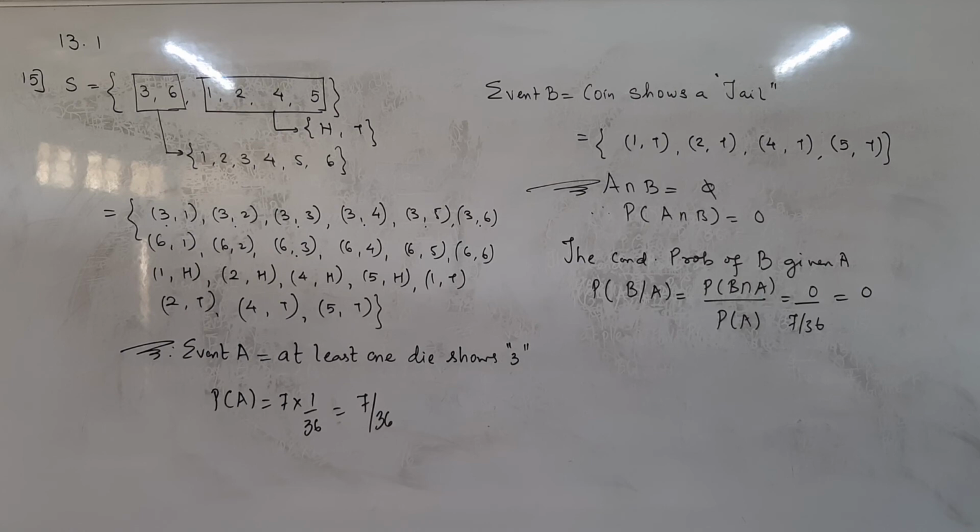Okay, students. So now I think MCQ 16 and MCQ 17 we have already discussed. So students, this completes our topic of conditional probability, and conditional probability is the base for the entire chapter.